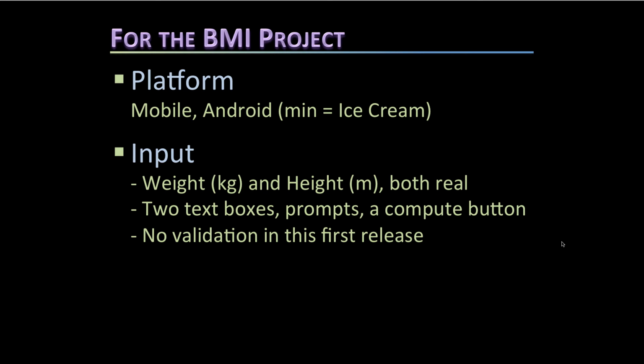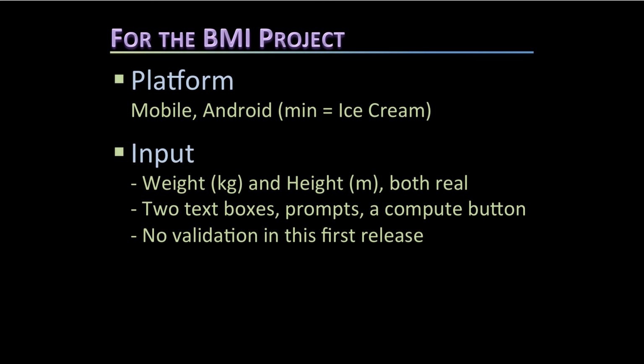In terms of validation, we will be true to the spirit of the iterative model that we talked about in the previous video and not do everything at once. Therefore, we'll leave the validation to the next release. Let's just ignore everything now and focus on computing the index given the input.